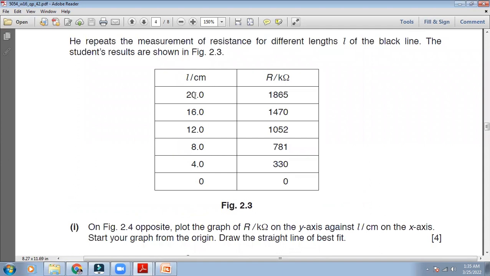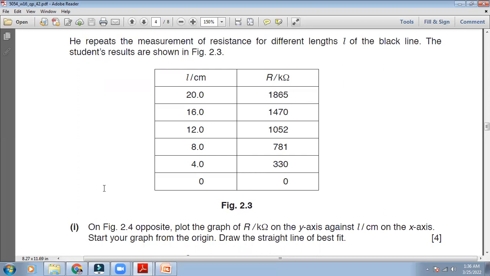For the length 20, the resistance is 1865 kilo ohm, and for 16 centimeter length, the resistance is 1470 kilo ohm. For 12 centimeter, it is 1052 kilo ohm. For 8 centimeter, the resistance is 781 kilo ohm, and for 4 centimeter, it is 330 kilo ohm, and for 0, it's 0.